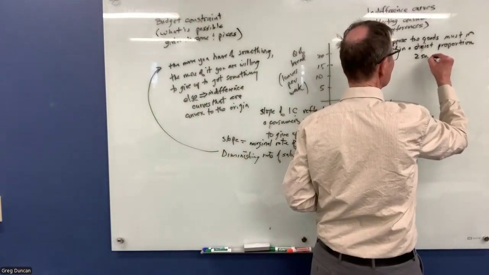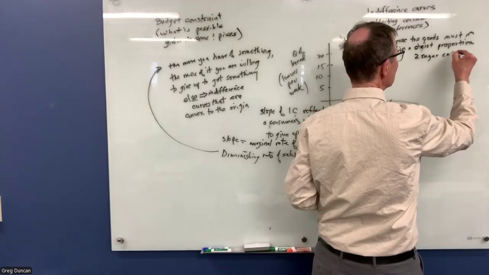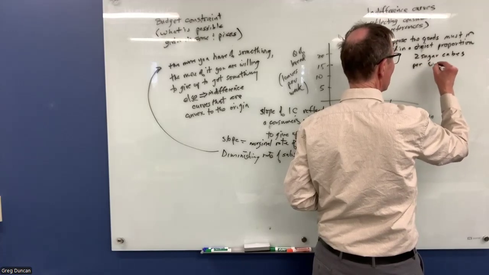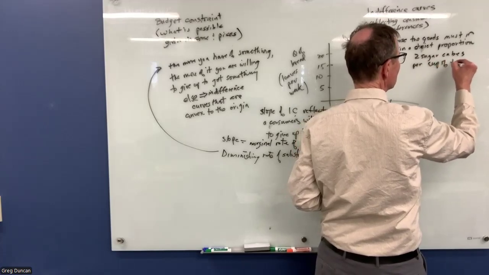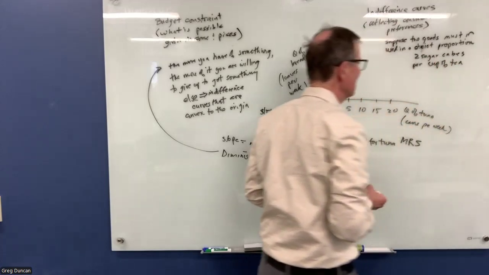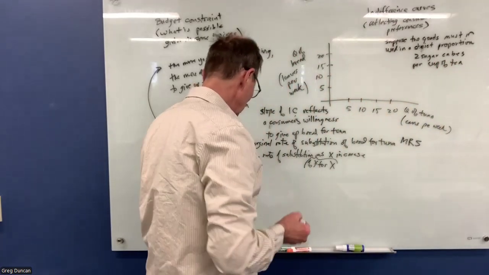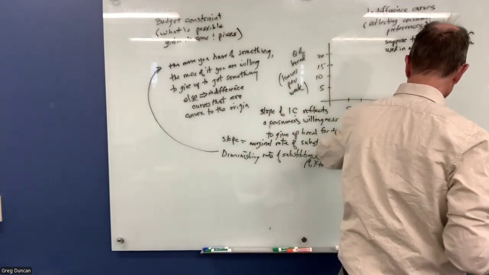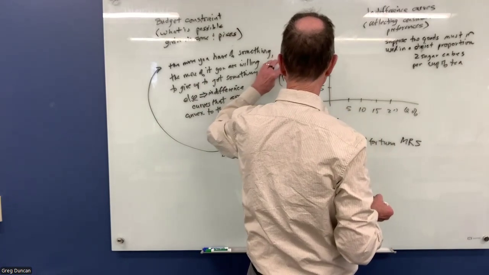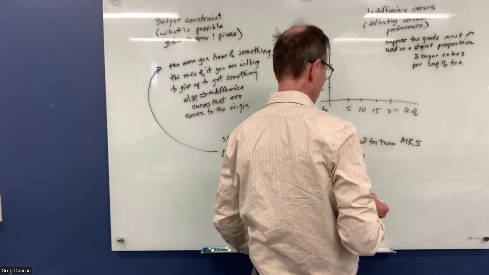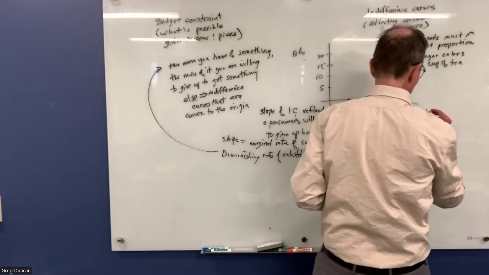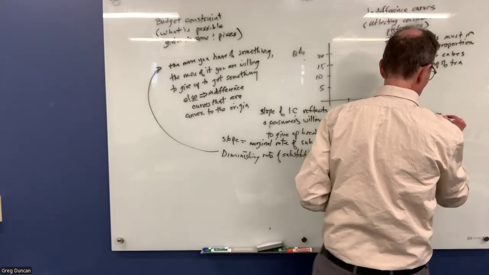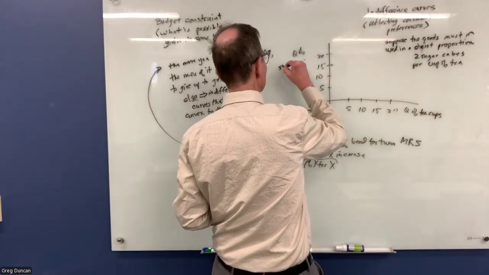Two sugar cubes per cup of tea. All right, so now we're in a world of sugar cubes and tea. Teacups, sugar cubes.